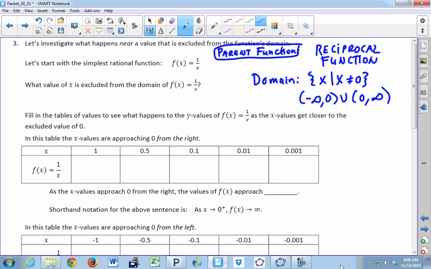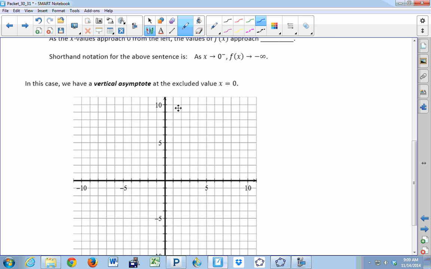Otherwise, we're free to put any number in on the whole entire real number line and just flip it around, take its reciprocal, and we're set. So we're going to fill in the value tables here to see what happens. We know 0 can't be included. So notice how the y-axis here is a solid line. This solid line that we call the y-axis cannot be part of our graph anymore because 0 is not allowed in the club.